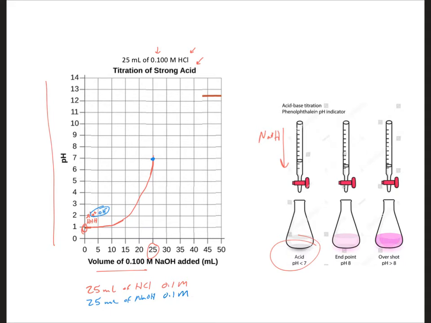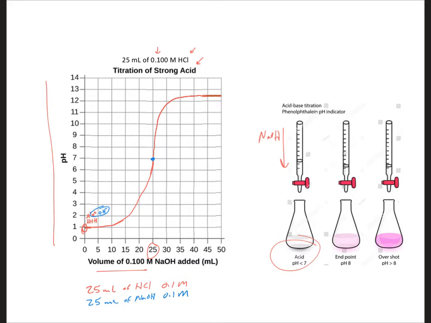Now you no longer have any more H pluses in solution, and so if you continue to add that sodium hydroxide, you are adding OH's that have nothing to cancel out with, and you are rapidly going to become more and more basic.